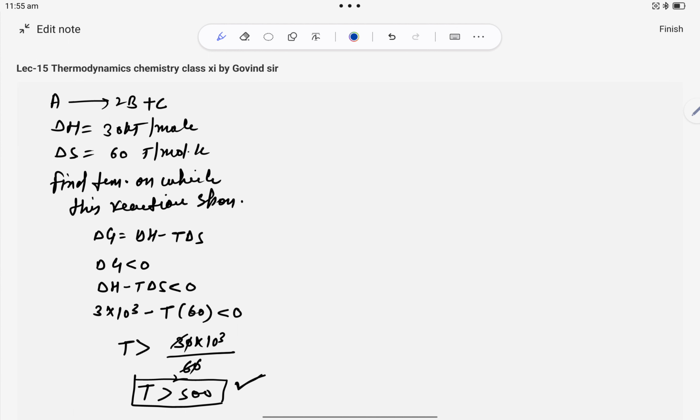For the given reaction, the heat of the reaction is exothermic.